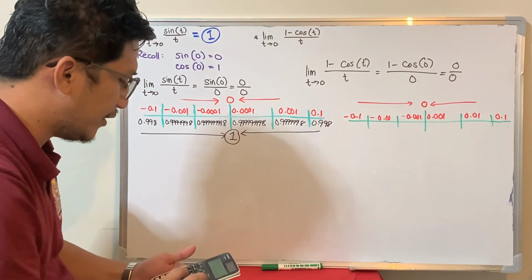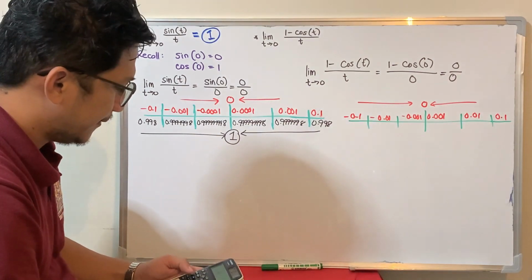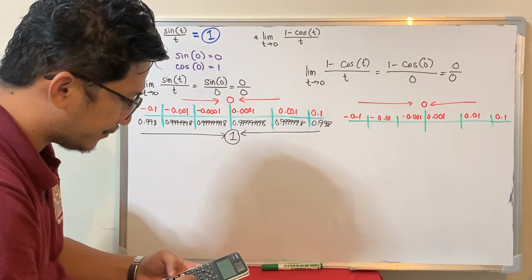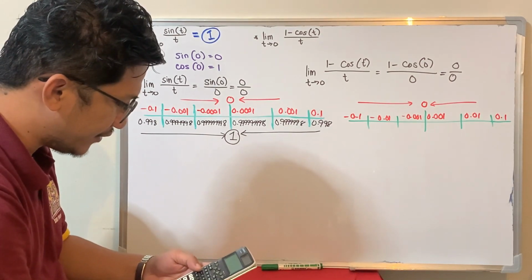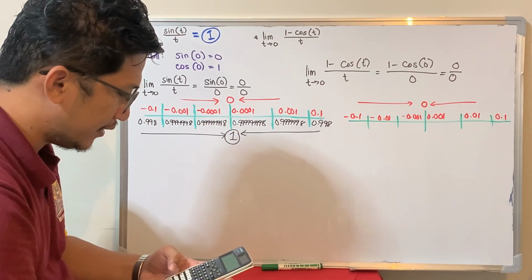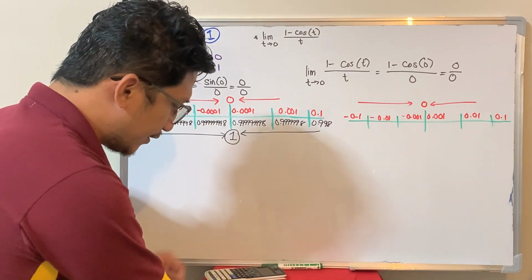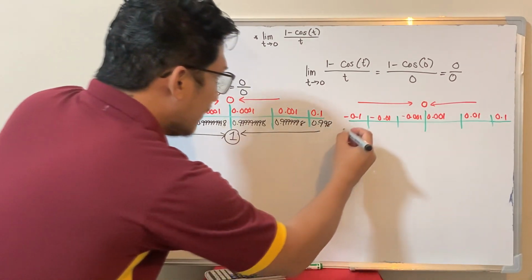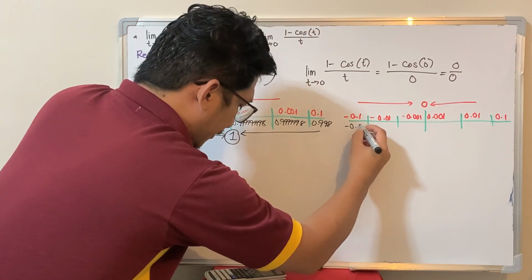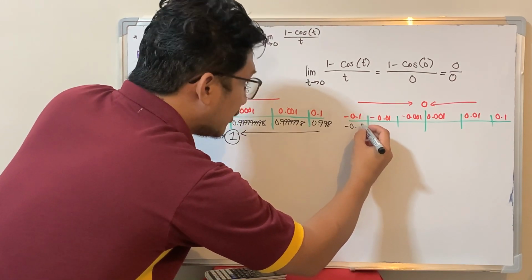Make sure it is in radian mode. 1 minus the cosine of t. So cosine of negative 0.1 all over negative 0.1, we have the value here, negative 0.049 or 0.05.